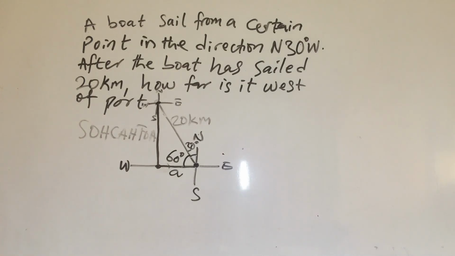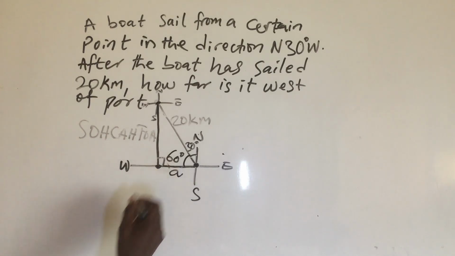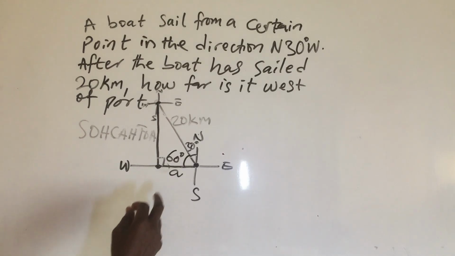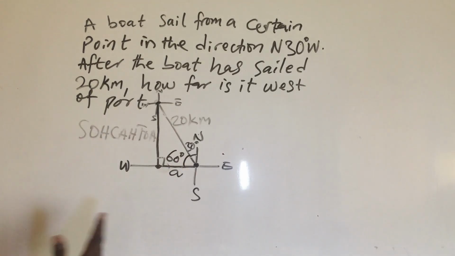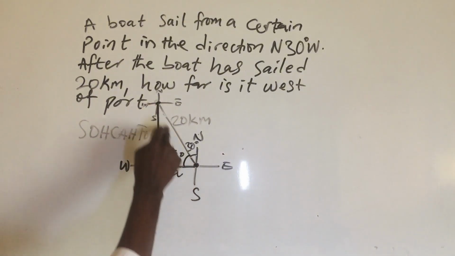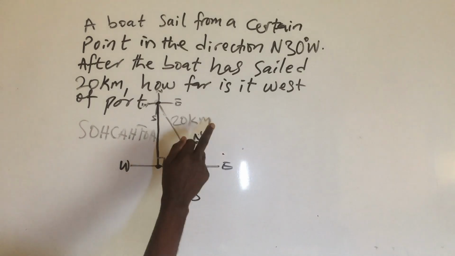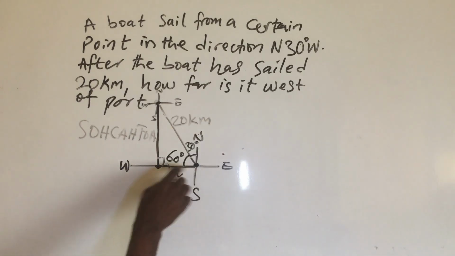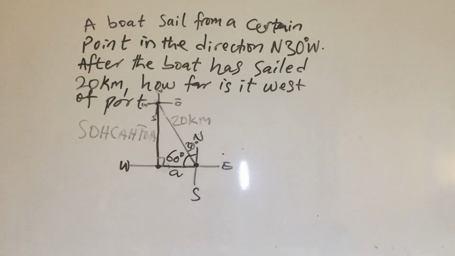Coming from here, this is a right-angled triangle. From here, it indicates that it is a right-angled triangle, right? Therefore, we have some values. We have the hypotenuse side, which is 20 kilometers. Then we have one of the sides as the one the question is asking us to solve for.